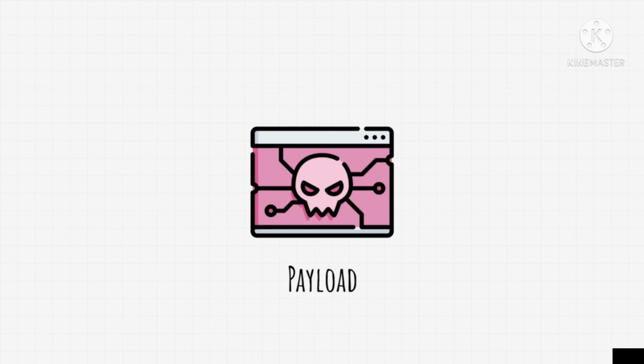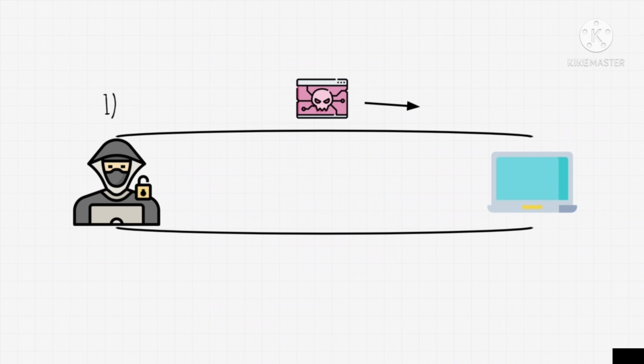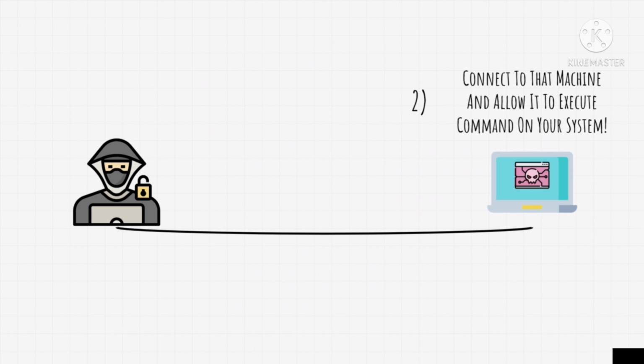And in 99.9% of cases, this will be a program that allows us to execute commands on the target system, also known as a shell. The first step would be us exploiting the target and sending a shell or payload with it. That payload will then be on the target's machine and it will execute. Once it executes, what it essentially does is it tells the target machine to connect to that other machine and allow it to execute commands on your system.